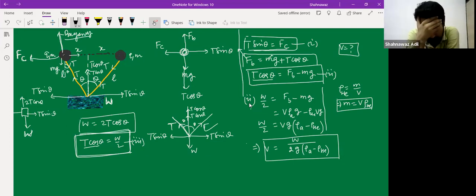Then we will do the spring problem, and then we will do one another problem. Then we will start the electric field. So whenever you guys are finished noting, please tell me.